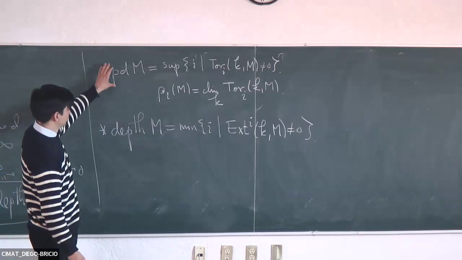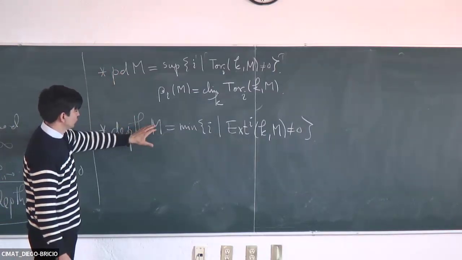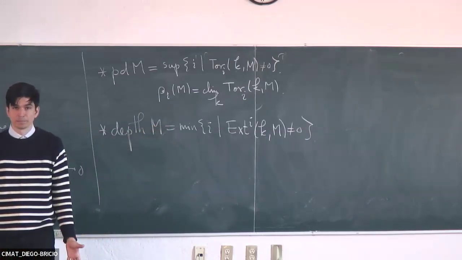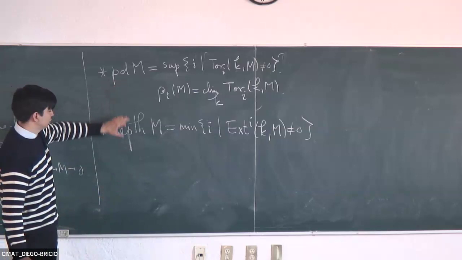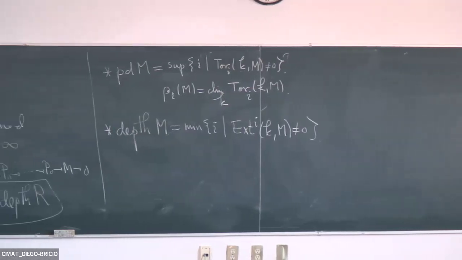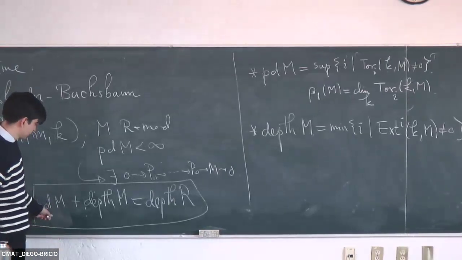I was saying that these two numbers have very nice conceptual interpretations, but also you have these formulas that are very useful to prove things about them, right? And actually using these two formulas, we were able to prove this, the Auslander-Buchsbaum formula, right here.